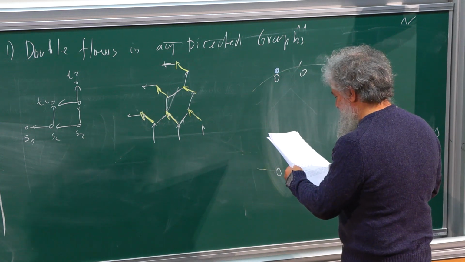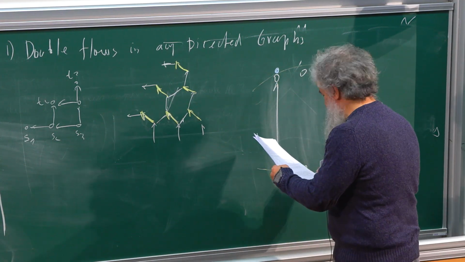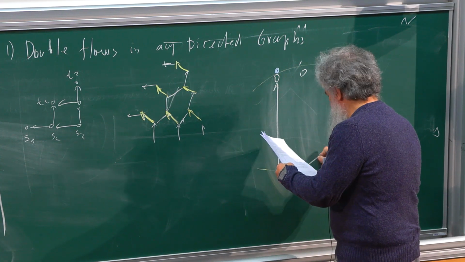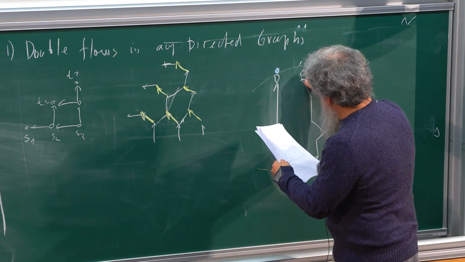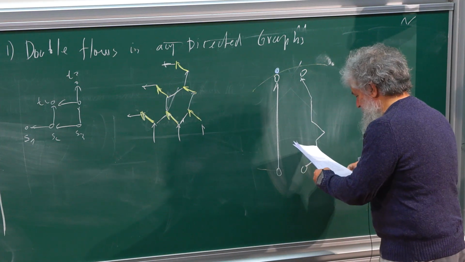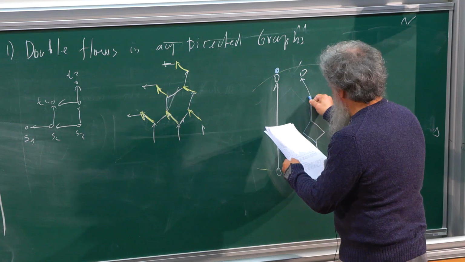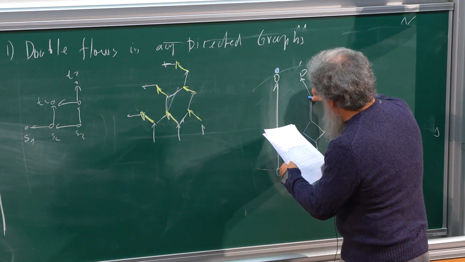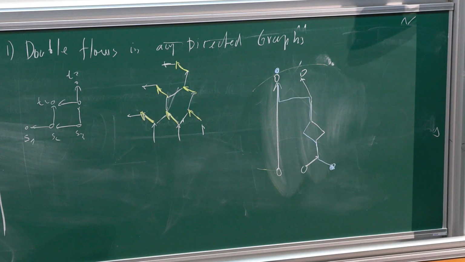And then we have one flow, the white flow, goes like this one. And this flow goes like this one. And this flow goes like this one. So we have such flows.